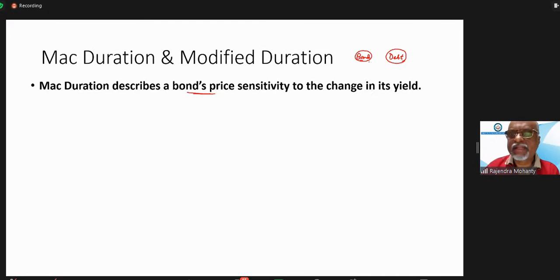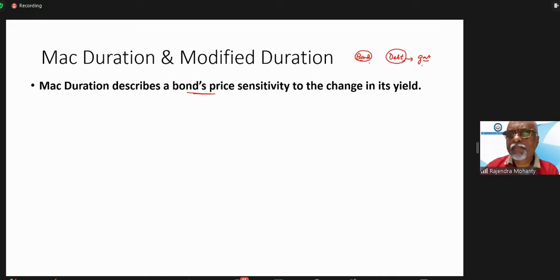That instrument is a bond. Generally, these types of instruments are issued by the government, or selected corporates are also allowed to issue. Government means the state government or central government may issue. Whenever the government wants to borrow money, they will not go to RBI to borrow money. They will come to the public.